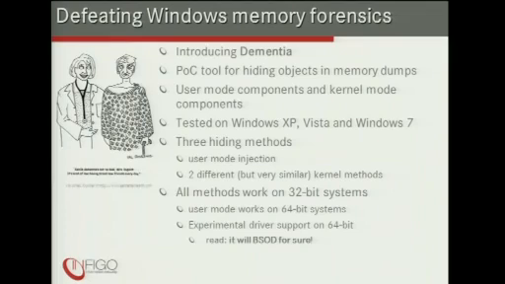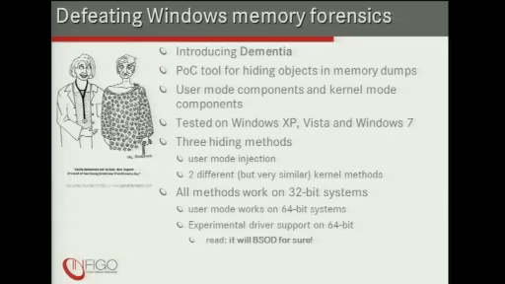Okay, so it's time to introduce my tool. It's called Dementia, and apart from having a really lame name, it's a proof of concept tool for hiding almost arbitrary objects from the memory dump. It has a user mode and a kernel mode component, and it currently supports 3 methods of hiding. 2 are kernel mode related and 1 is user mode related.